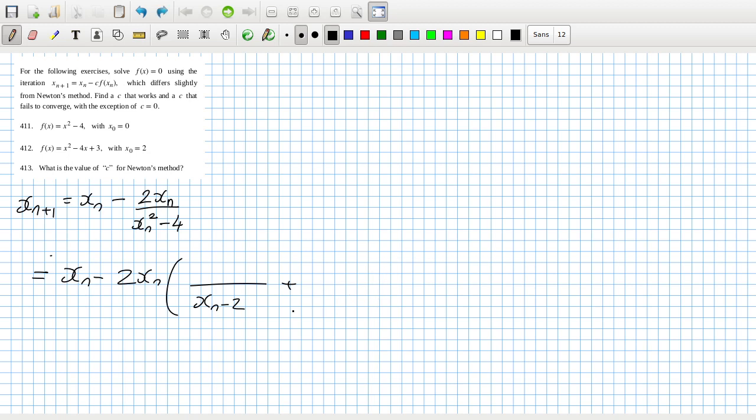No, I'm going to try, sorry, I keep messing around here. I'm going to try taking out xn squared, and that's 1 over 1 minus 4 over xn squared. No, that's too big. Okay.